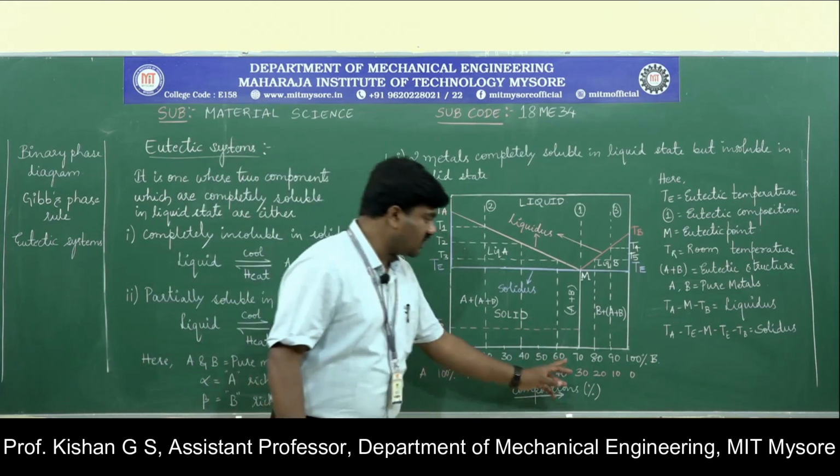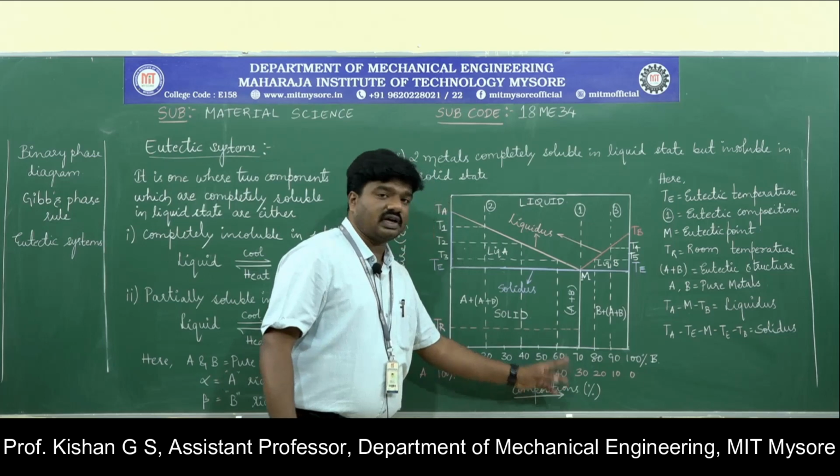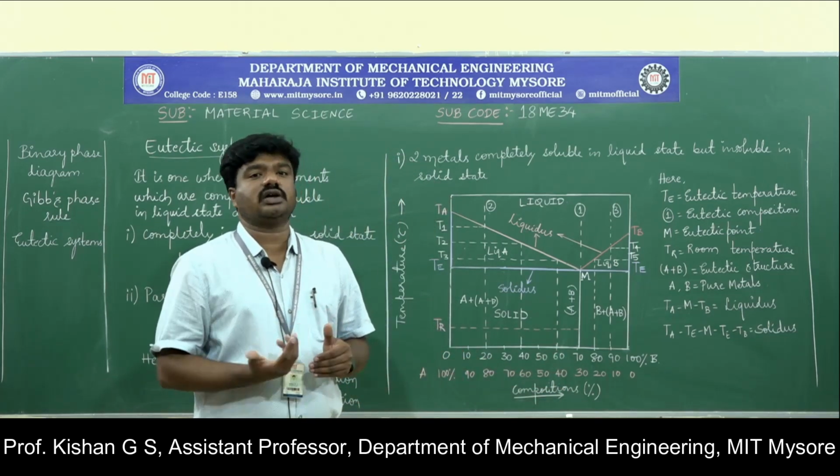Here 60% of B and 40% of A is not the eutectic composition; it is before the eutectic composition.